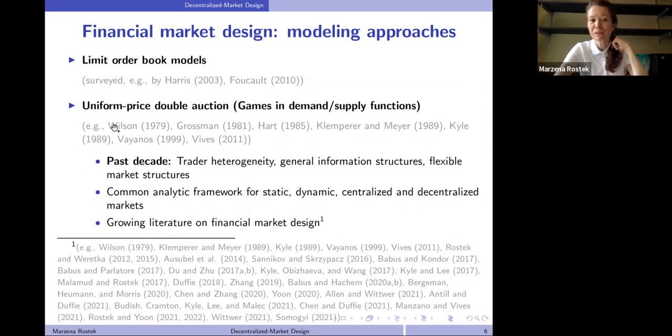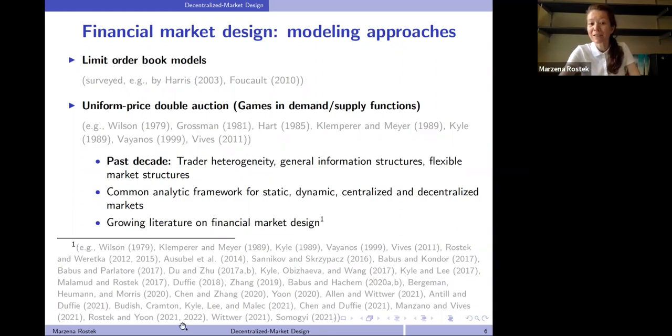Another class of models for markets with large traders who have multi-unit demands, decreasing marginal utilities or marginal costs, which thus allows for an explicit treatment of price impact, is based on uniform price double auctions in which traders submit price contingent demand and supply schedules. All right, that class is the finite market counterpart of the standard competitive model, including the general equilibrium model, which is also based on the uniform price and multi-unit demands.